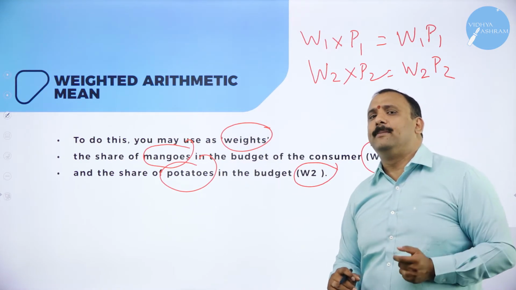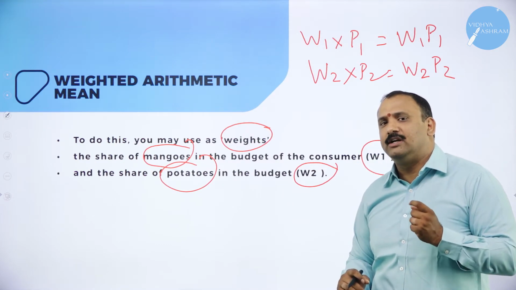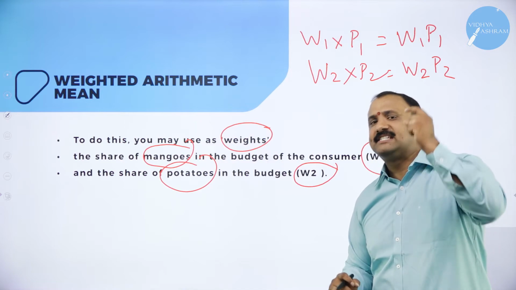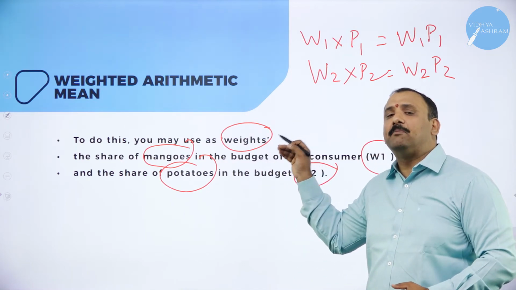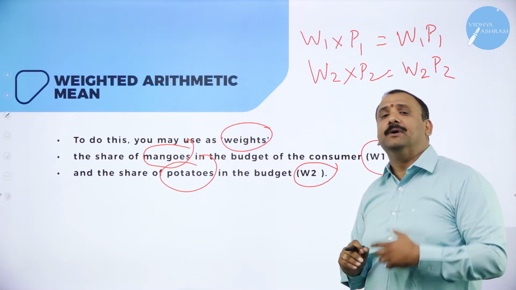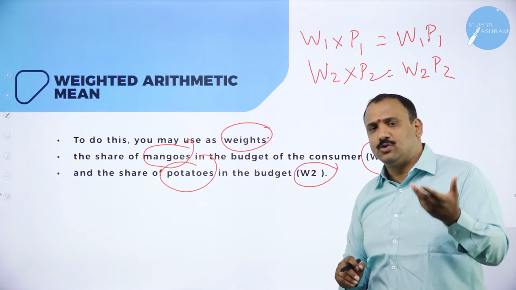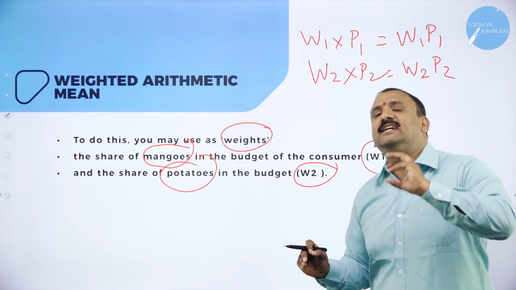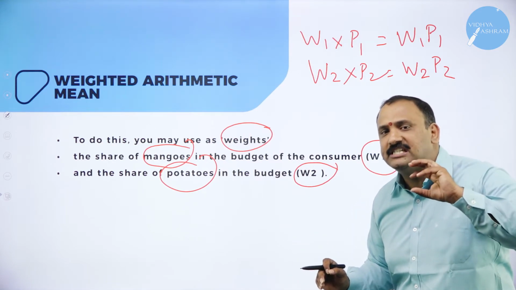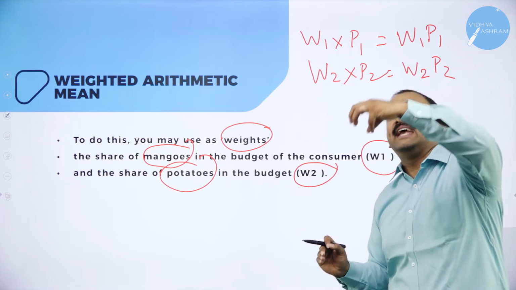Because in economics, when you try to understand a complex factor called the consumer price index, at that point of time the weighted arithmetic mean will definitely come into the picture. We will try to understand this consumer price index in the coming classes, no doubt about it. But these are the real-time applications that you will see when you apply statistics in economics.